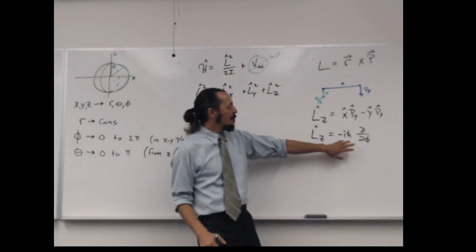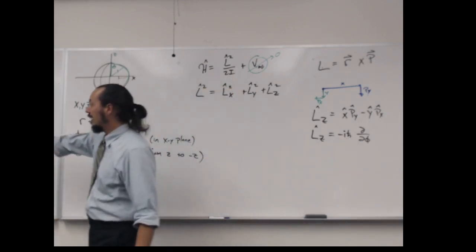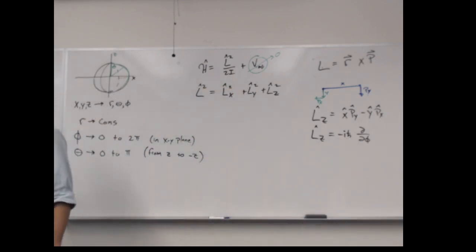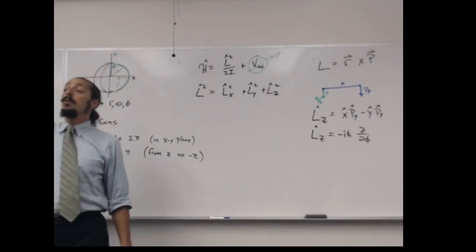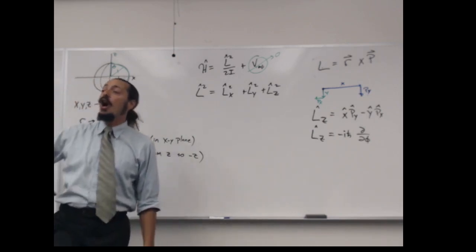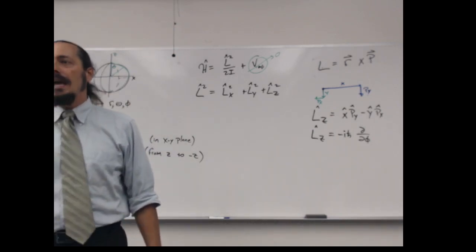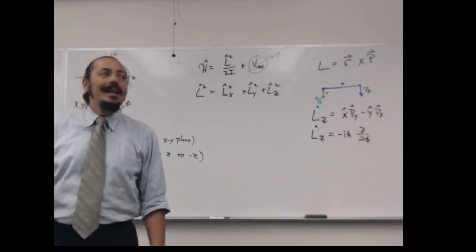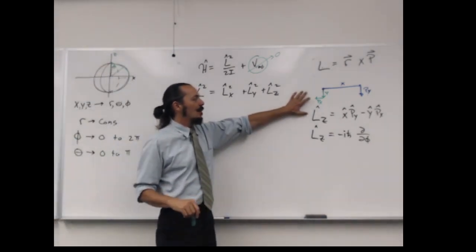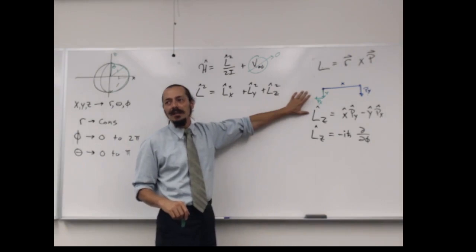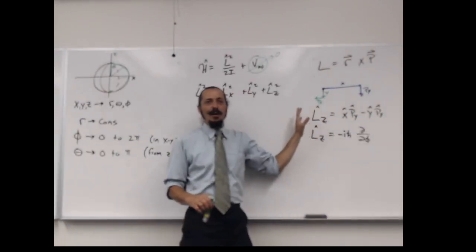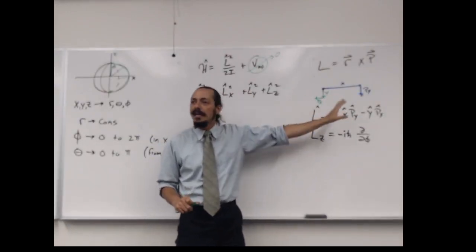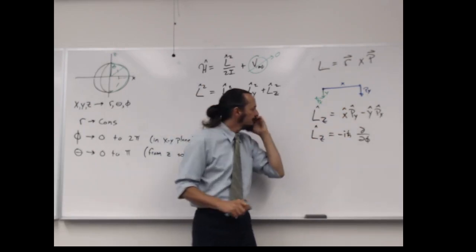Right? We've got the negative i h bar d by d phi. We square this, we're going to get the negative h bar squared d by d phi squared. So when we did the particle in a ring, we were actually already doing orbital angular momentum. We kind of skipped over this idea of how we write it in terms of the x and y components because we had some nice constants going on because we were restricting ourselves to a ring in the xy plane.